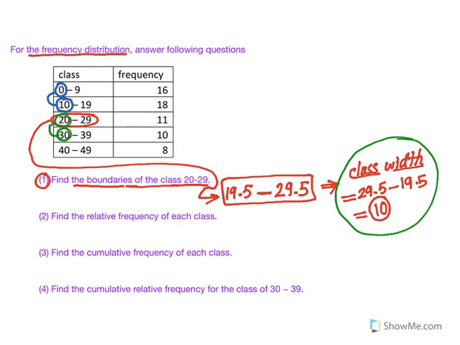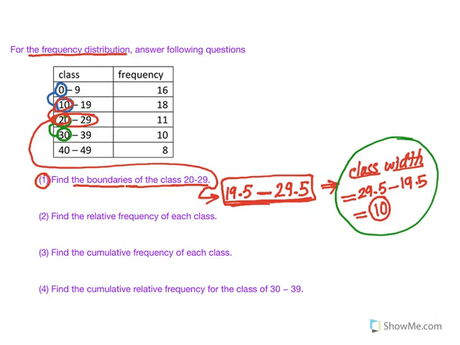Or you can do 20 itself minus 10. So just any 2 consecutive classes, you just take the difference between them. Or you do the class boundaries, because it was asked of us to do the class boundary for a certain class, and then get the class width by subtracting the boundaries from each other.